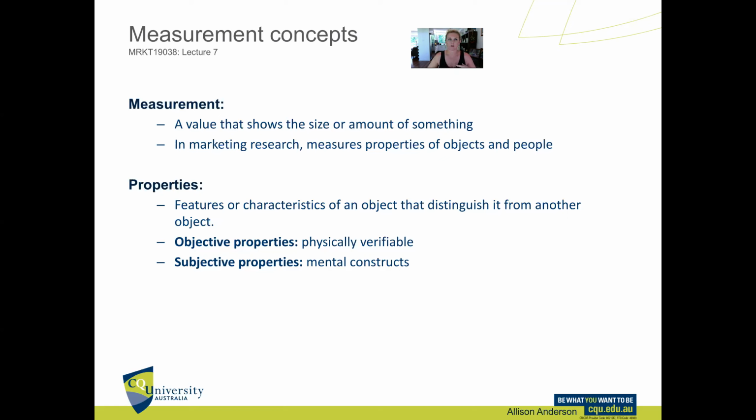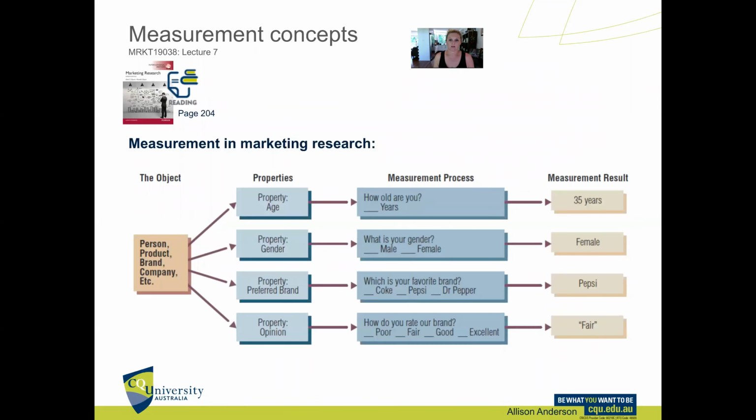So there's a huge complexity around subjective properties, on what people perceive properties to be and whether they perceive them favourably or not in an object. That obviously is quite a tricky one to measure and is quite often measured qualitatively as we discussed last week.